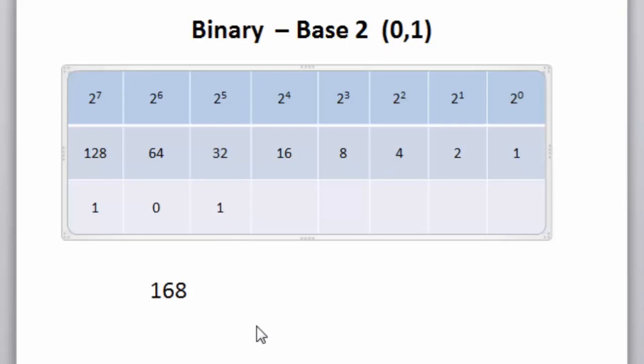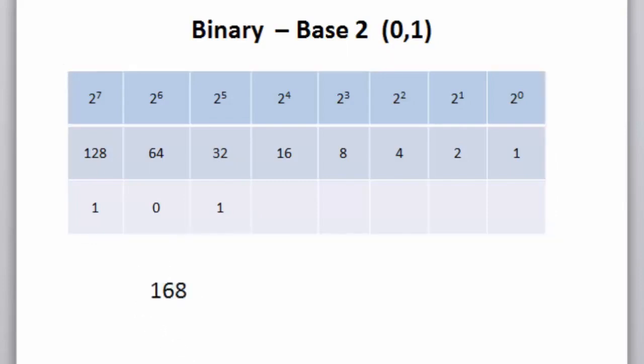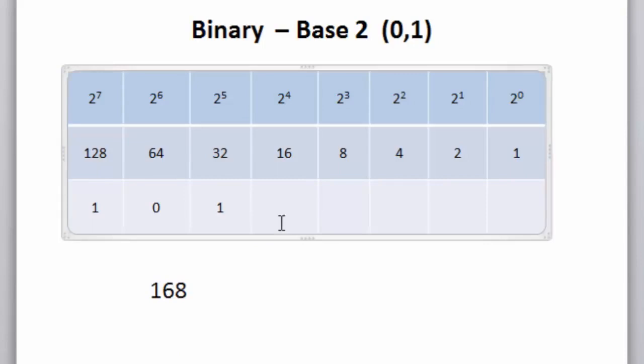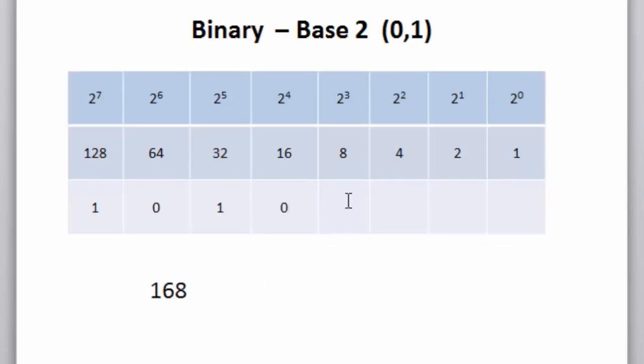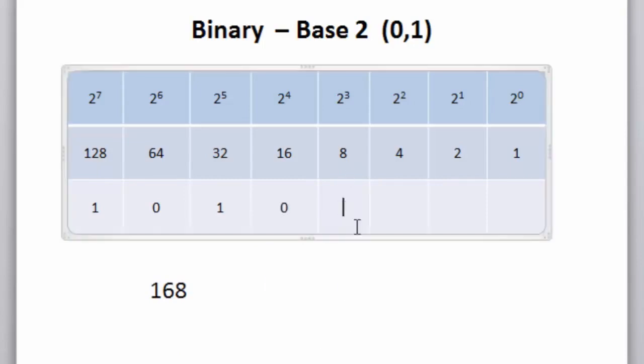Now I have 160. Do I need a 16? No, that would make 176, which would go over my target number of 168. I'll put a 0 here. What about an 8? If I add an 8, I'll hit the number perfectly. 128 plus 32 plus 8 is 168.